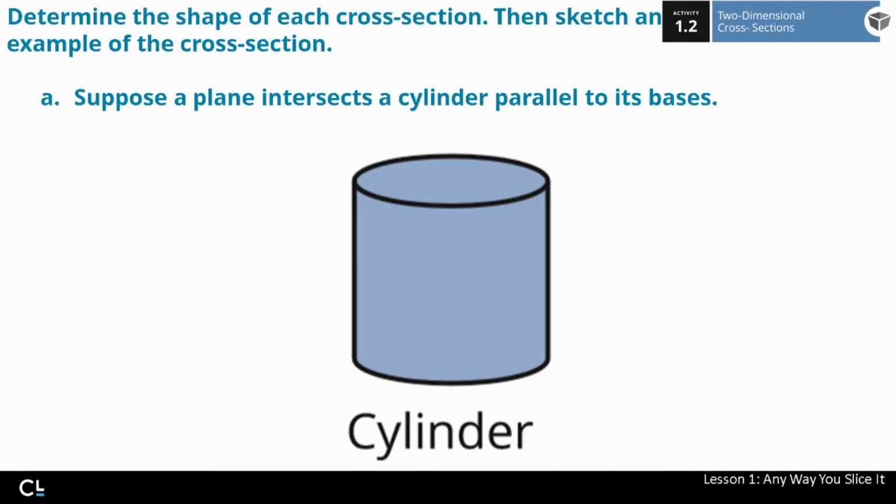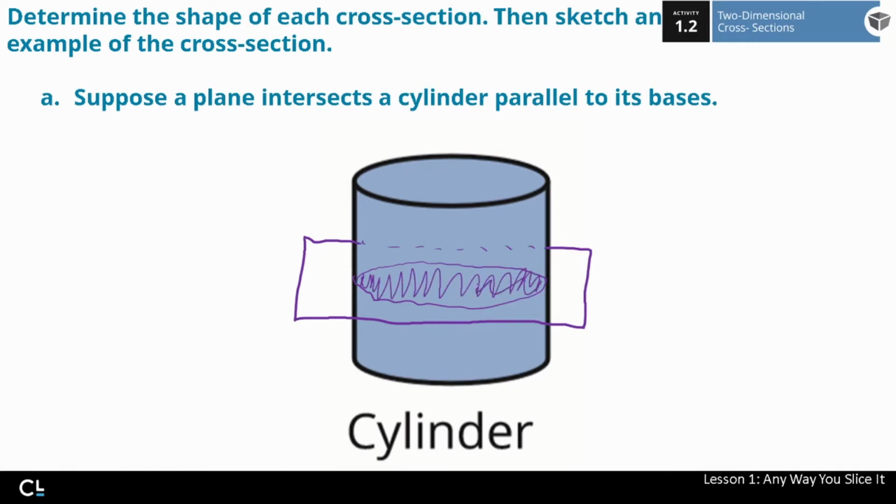So this one says, suppose a plane intersects the cylinder parallel to its bases, which means that our plane is going to cut it something like this, right? So when it's cutting it, it's going to look kind of like this right there, right? And this is going to be our intersection point. Now, it looks weird because we're looking at it from an angle, so it almost looks like an oval.